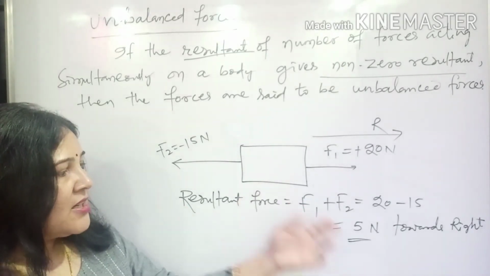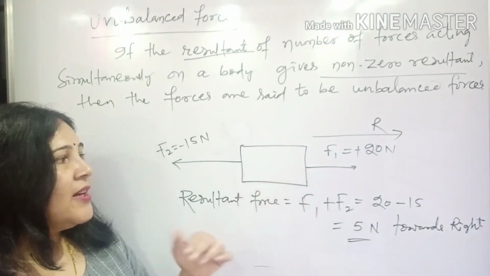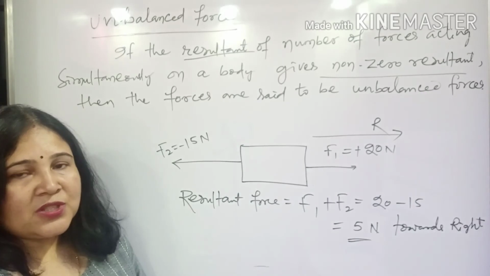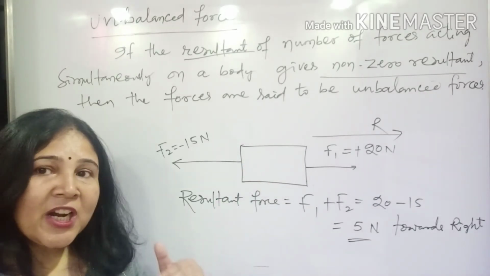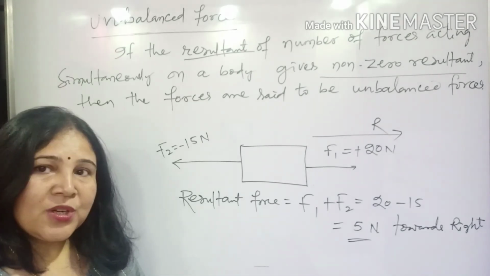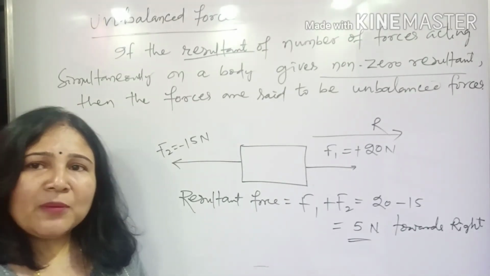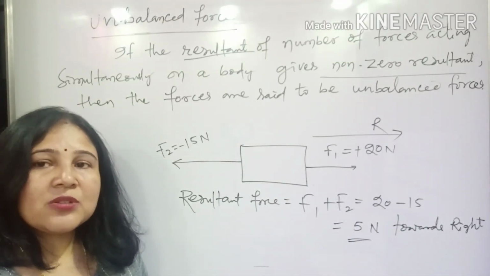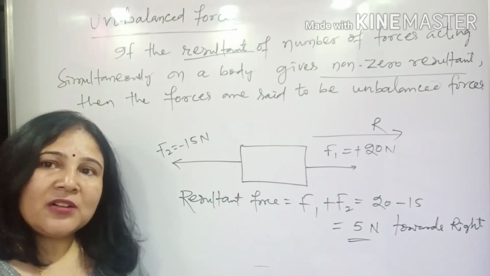But in this case, since some net force is acting on the body, the body's state is going to change. If the body is at rest, it will not continue in the same state, but will convert to motion. Similarly, if it is in uniform motion, it may come to stop. So the state is going to change. Even the direction can change due to this net force.